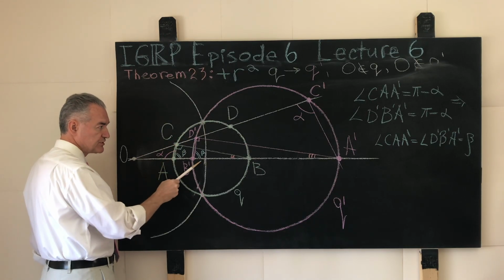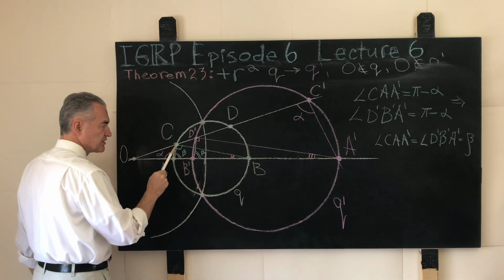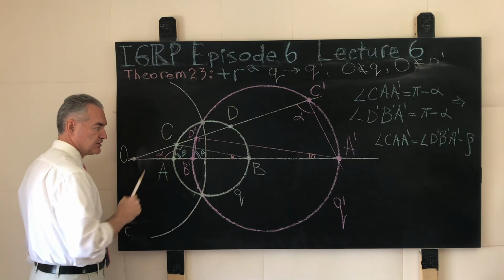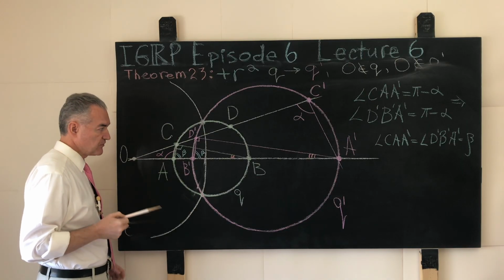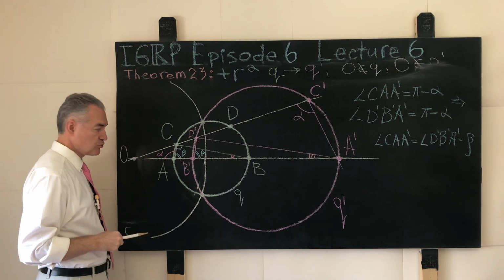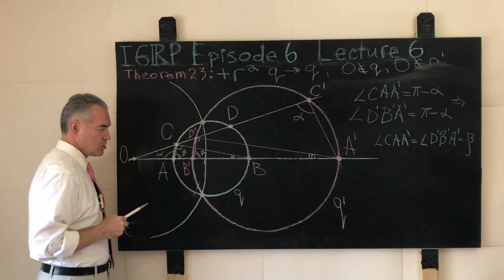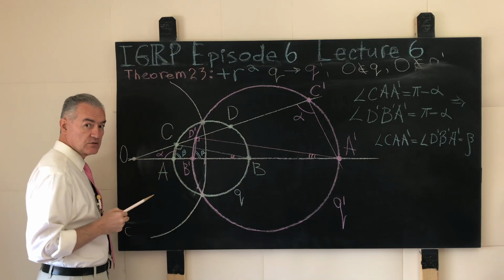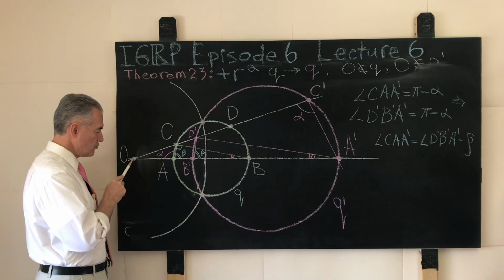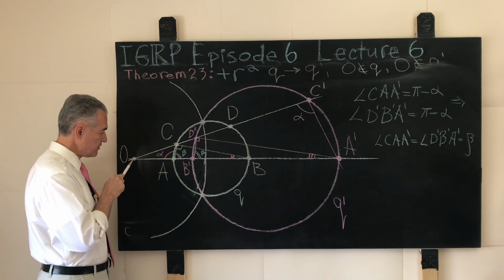So all the vertices of these two triangles are positioned in such a way that these two triangles are precisely the homothetical images of each other, and that proves our claim. In this case, these two triangles are the homothetical images of each other with respect to the center of homothency over here, this one, O.